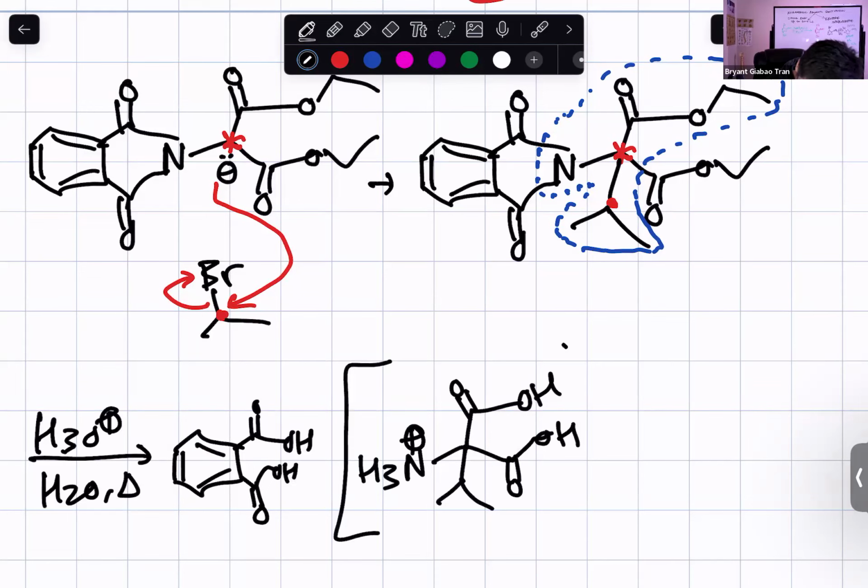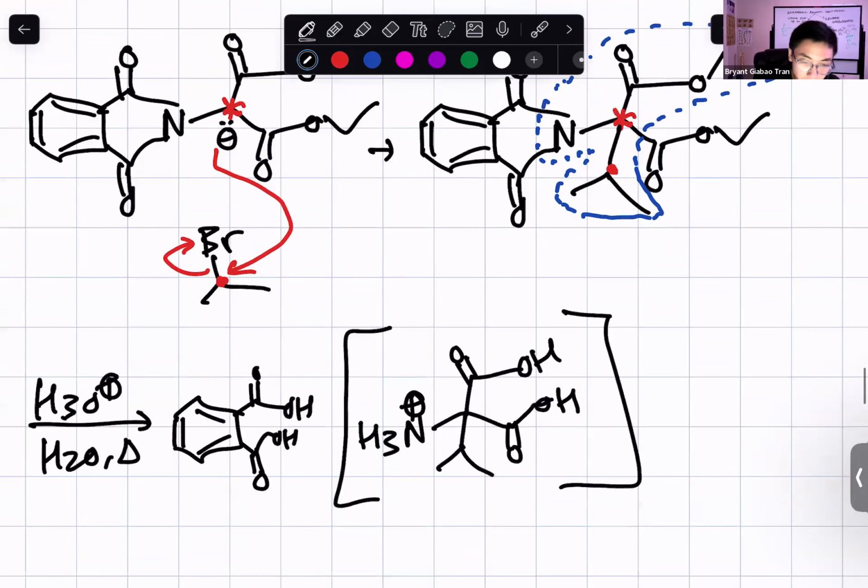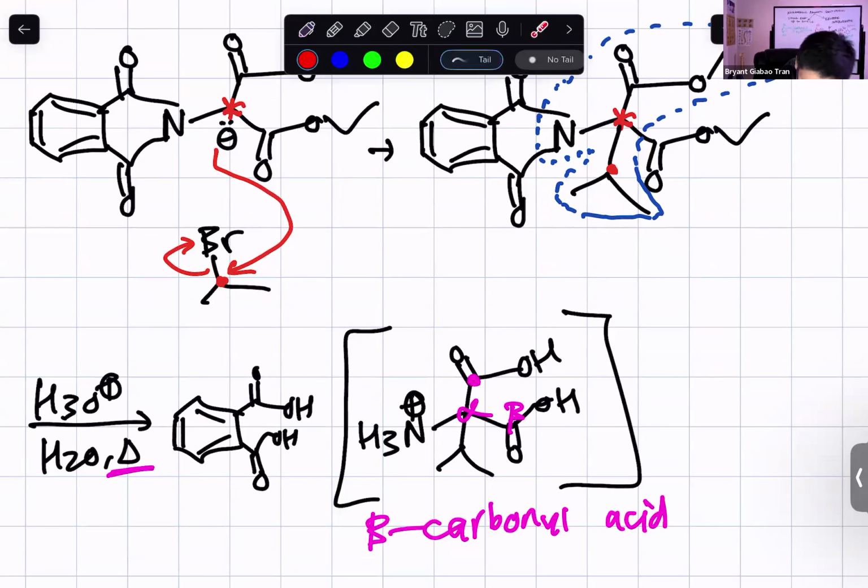But this is not our final answer here because we have a sneaky reagent here, which is heat, and we have a beta carbonyl acid, right? Because if you look at one of the carboxylic acids here, beta to that carboxylic acid is another carbonyl.